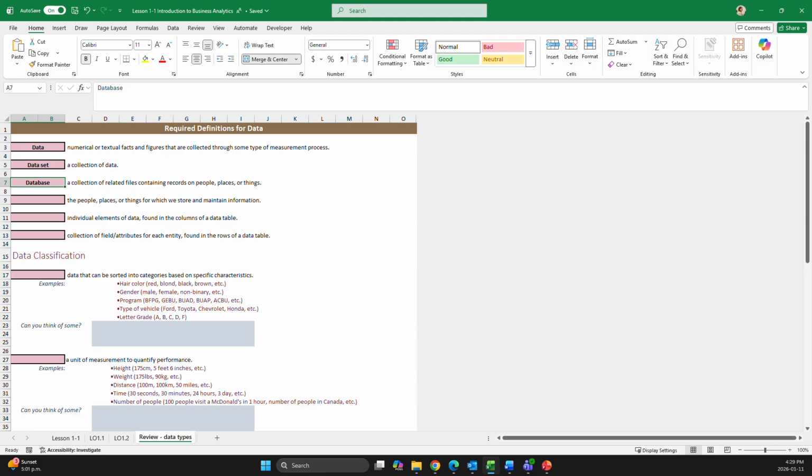They would have job evaluations, like performance appraisals on record. They would have a lot of information about their income. They would have tax records, all these things together where we have different files that can contain records on the same people, places, or things that you can match up on those characteristics would be considered files in the database.